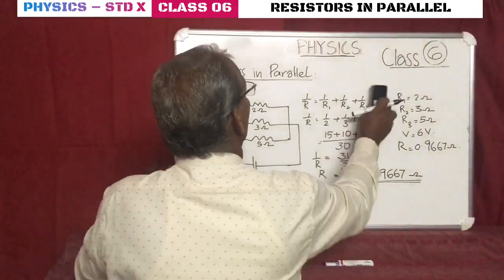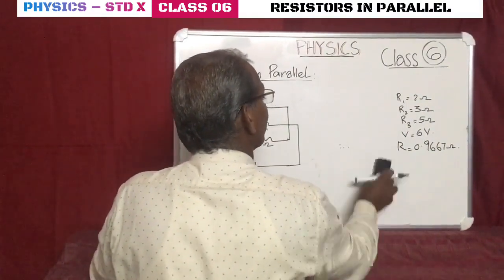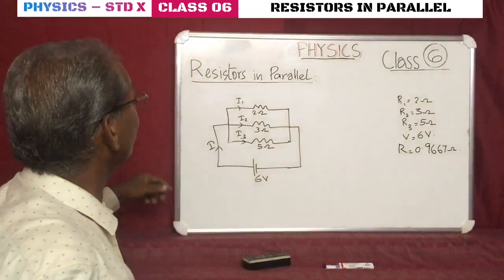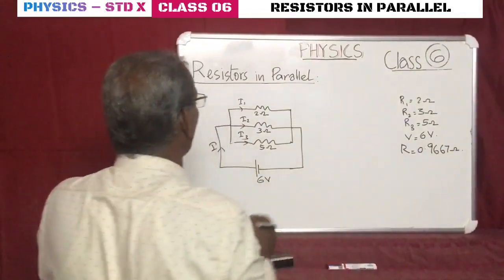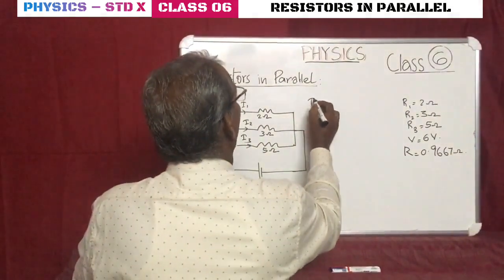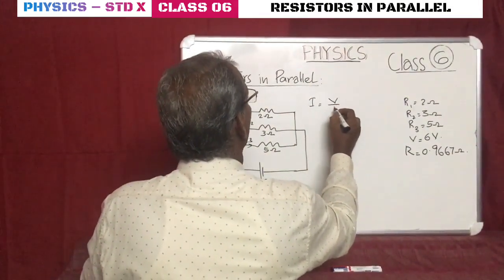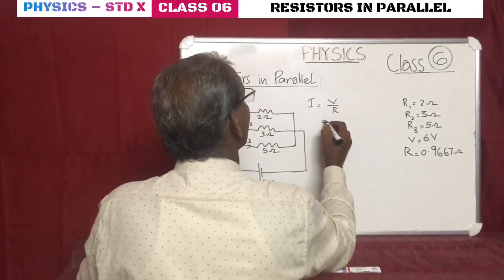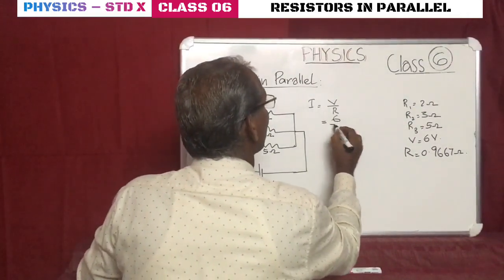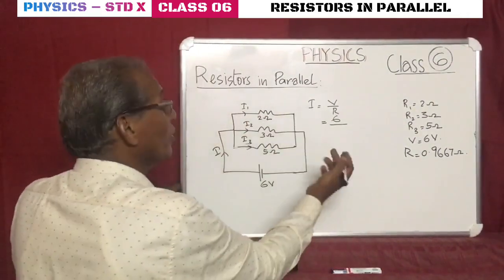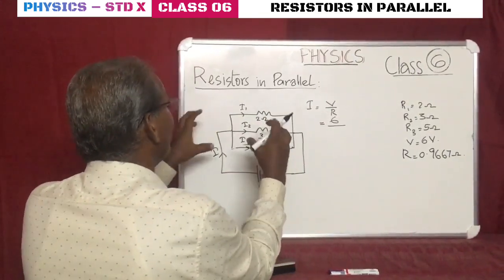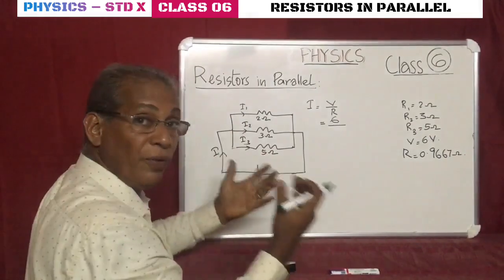Now comes the next question. We have to calculate I, the current in the circuit. Once we get the resistance R and voltage V, current can be calculated. I is equal to V by R, where V is 6 divided by R, the effective resistance of the circuit altogether. 2, 3, 5, once they are connected in parallel, what we get is called the effective resistance.